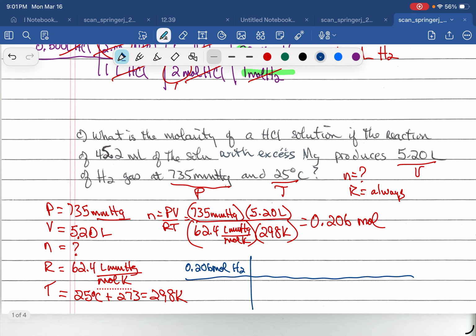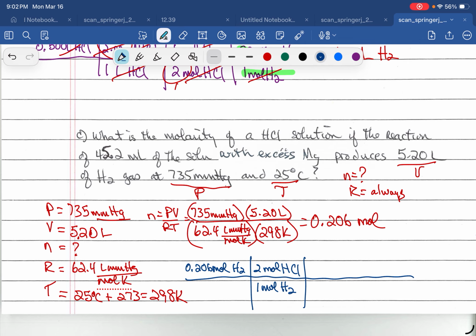I'm looking for moles of HCl, so 2 moles HCl for every 1 mole of H2. And I know that there are 45.2 milliliters, which would be 0.0452 liters. I'm going to put that in the denominator.